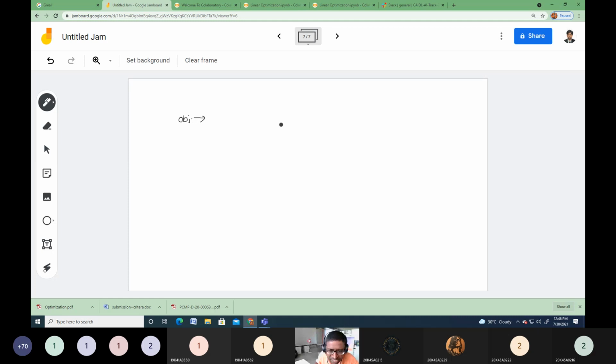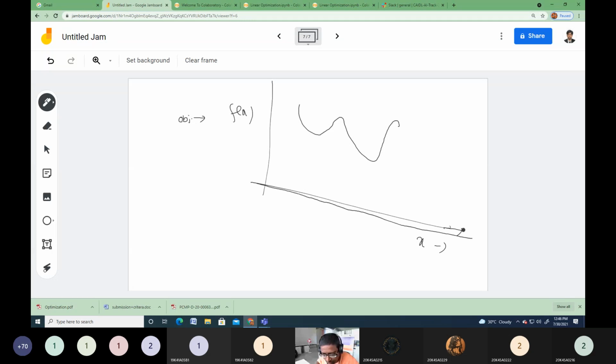If you plot your function f of x with respect to your decision variable x, where the x-axis represents the variation of your decision variable x and the y-axis represents your function f of x, and it is highly non-linear, then your function may vary like this.